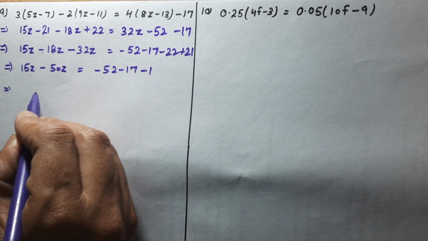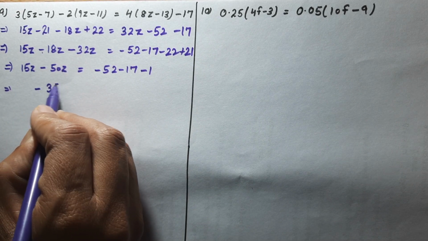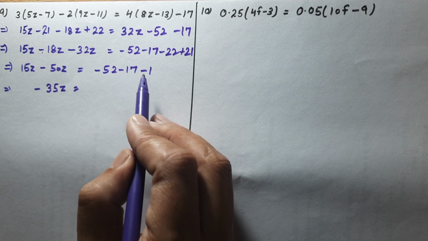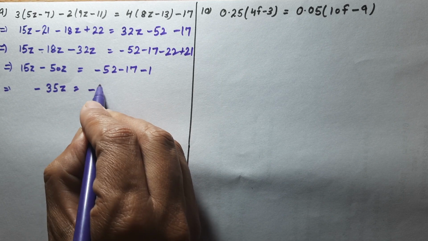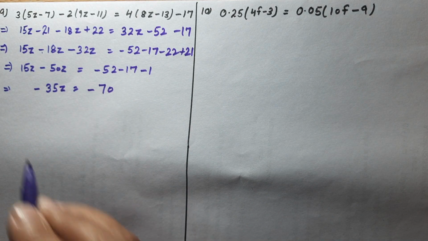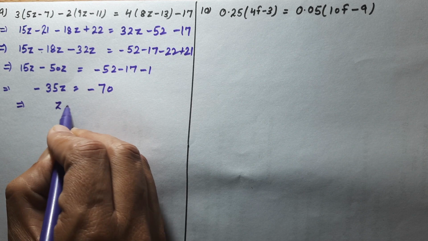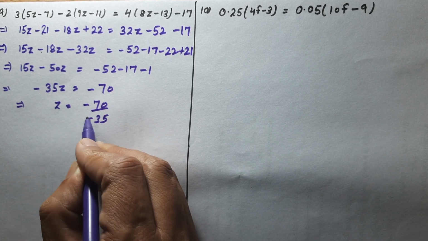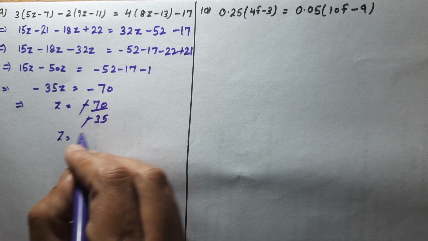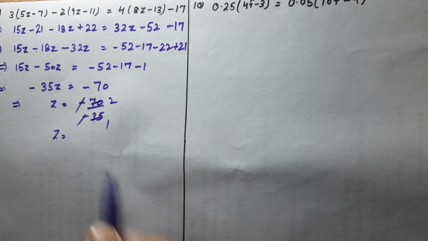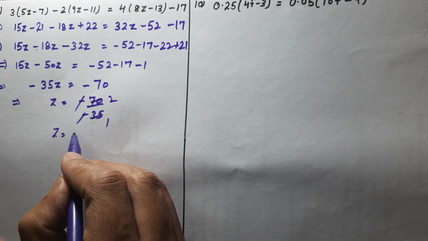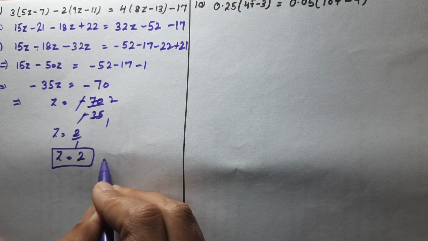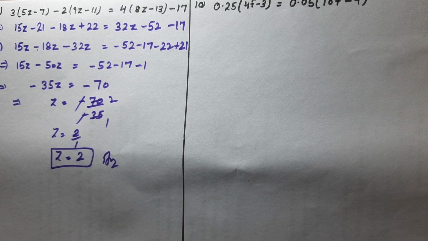Now 15z minus 50z will be equal to minus 35z. 52 plus 17 plus 1 will be equal to 17, but with the minus sign. So here z will be equal to, multiplication will change into division along with this sign. Minus with minus cancel, 35 ones, 35 twos. So z comes out to be 2 upon 1. So z is equal to 2. That will be our answer. Hope this is clear to everyone.